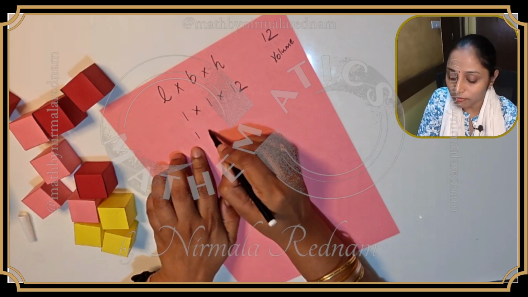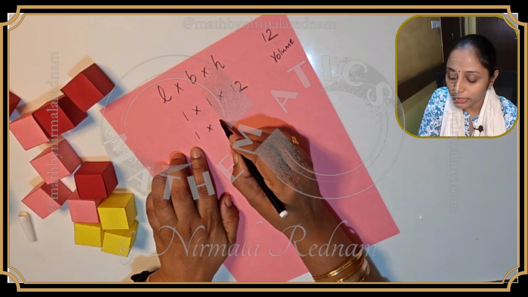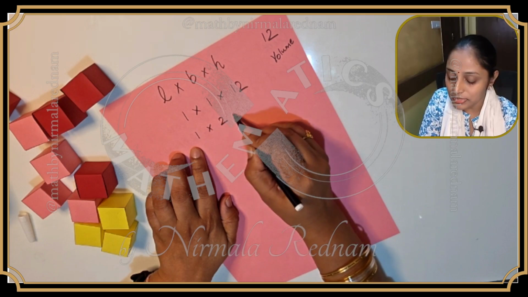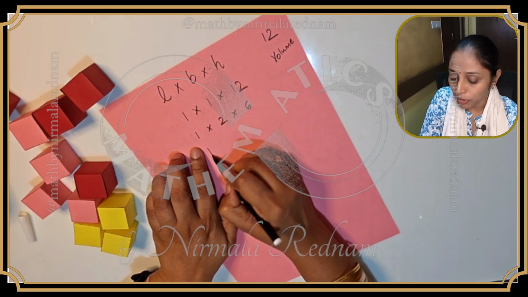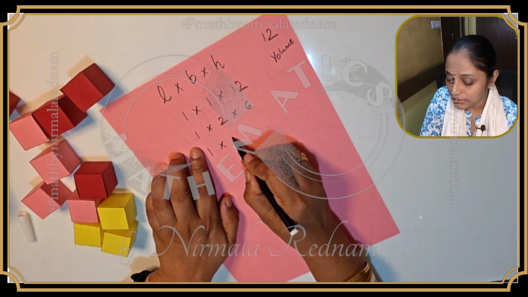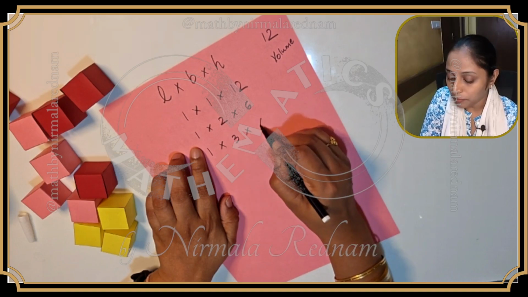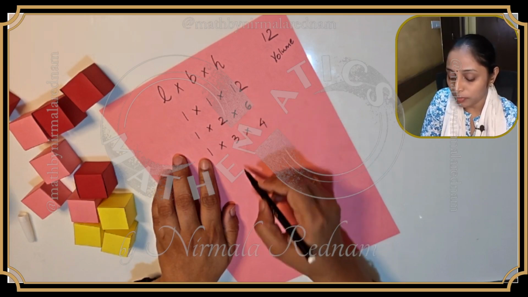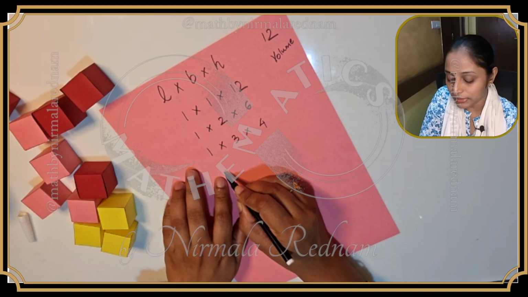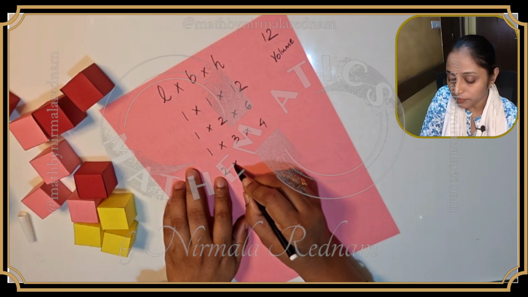So if I retain 1 here, and I take 2 as the next least factor of 12, then I'm going to have 6 here, right? I'm going to have 1 again here. Next is 3, and I'm going to get 4, right? And next is 4, so it is going to be a repetition. Now I'm going to extend this. I'm going to write 2 here, okay?